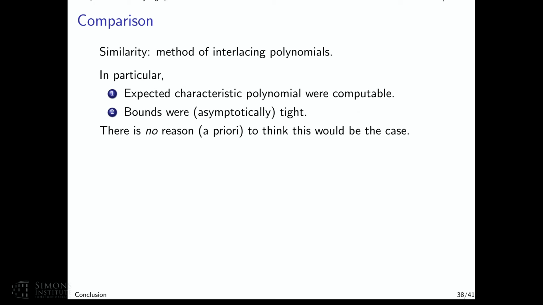On the other hand, the similarity is that they both use this method of interlacing polynomials. And in particular, the two things I want to point out are that in both cases, the expected characteristic polynomial was computable. There's absolutely no reason to believe that when I integrate over a bunch of random polynomials that I should be able to figure out what that polynomial is. And secondly, the bounds were asymptotically tight.